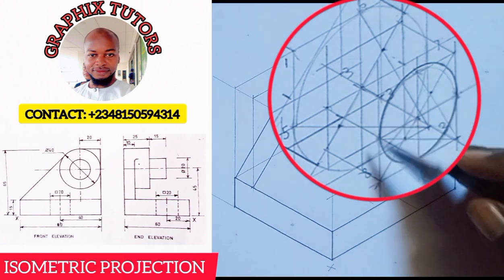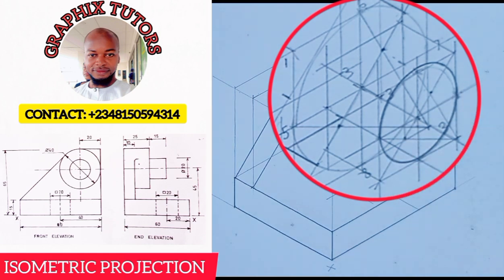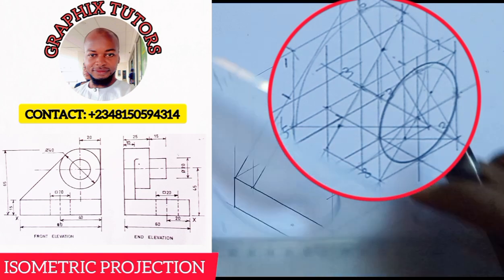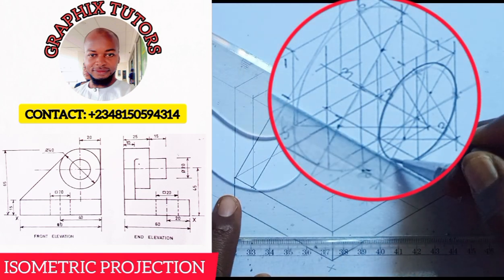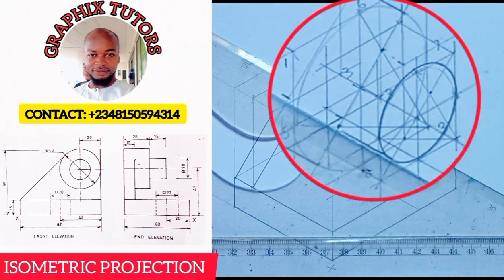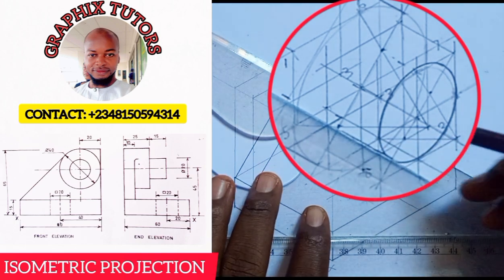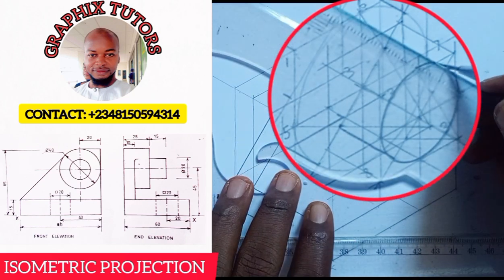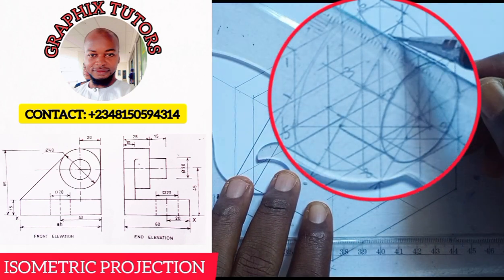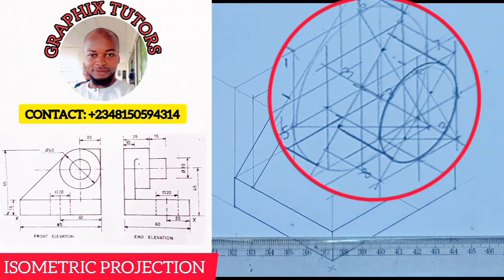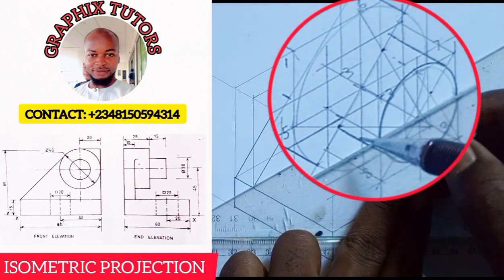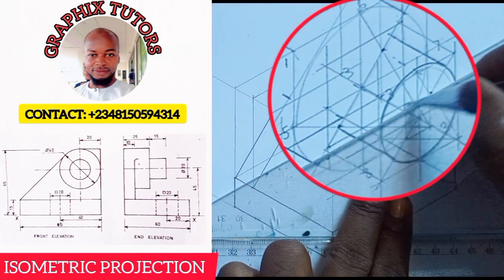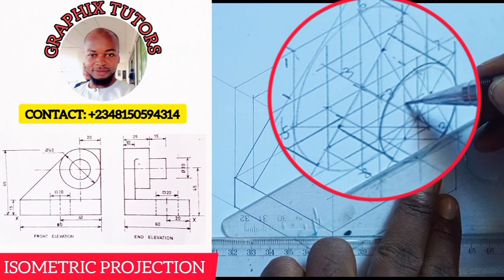Can you see that? Now the next thing is I will project this from this end to go and touch the diagonal. And from this end to go and touch the diagonal. And I'll repeat the same thing. So where is the diagonal here? If I project it from this end here, where it touches this vertical line is here.